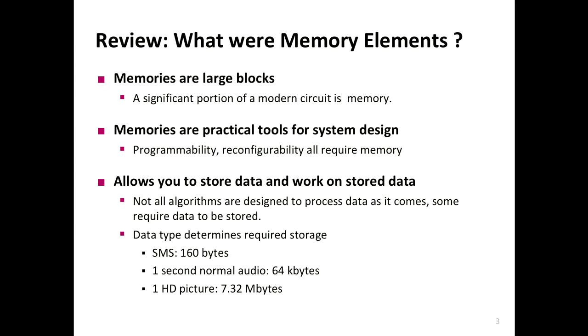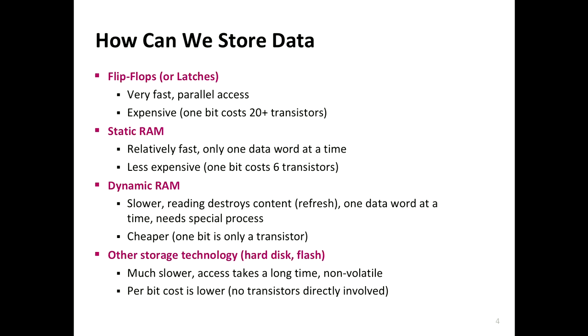Sometimes you just need to keep the data for processing later. How can we store data? Different types of memory, as you saw yesterday: static RAM, dynamic RAM, the good old way of flip-flops, and of course the standard storage technologies of hard disks, flash drives, etc. Flip-flops are the fastest.